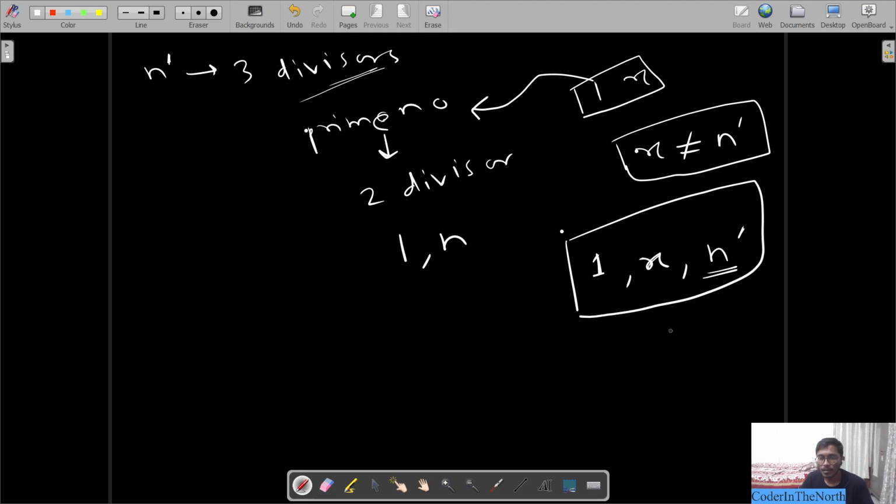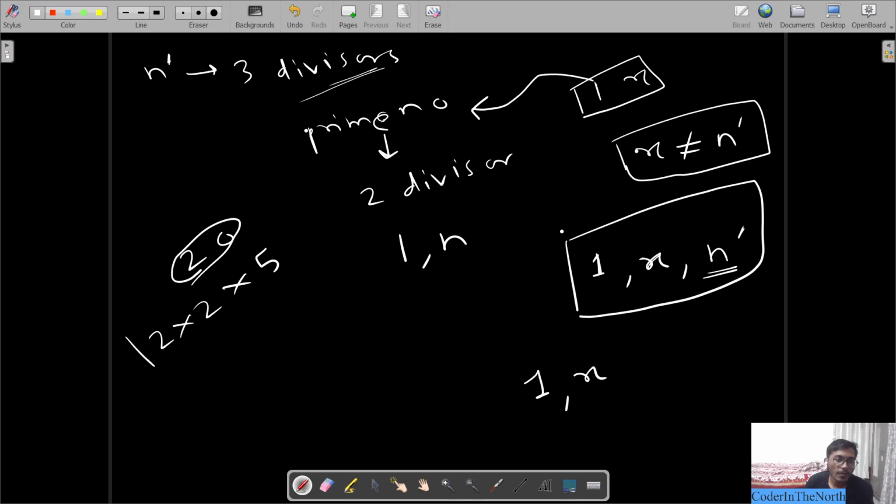See, we have 1, we have x, and we already know that. Take a number, like 20. What's the prime factorization of 20? 2 into 2 into 5. Whatever divisors 20 has can be created from this set.